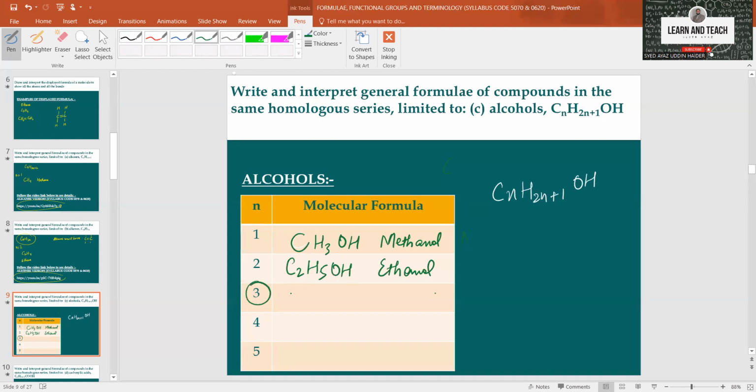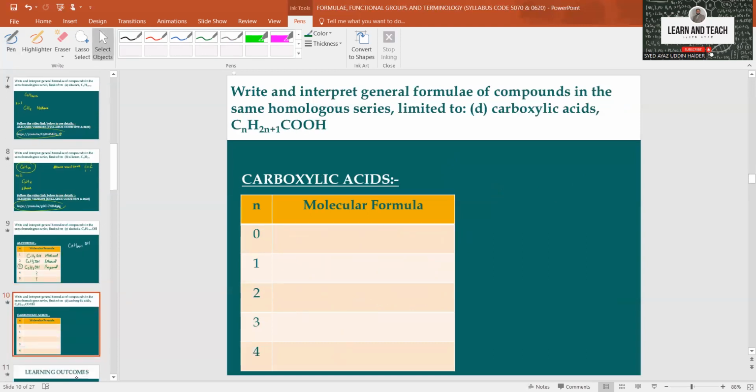If the value of n is 3, we will get C3, H, 2 multiplied by 3 is 6, 6 plus 1 is 7, C3H7OH. The name for this alcohol is propanol. Now I want you to work out the molecular formula of fourth and fifth member of alcohols.